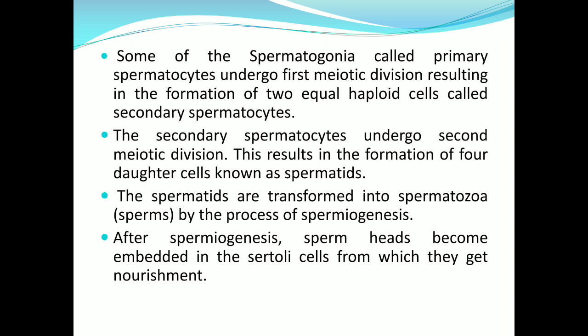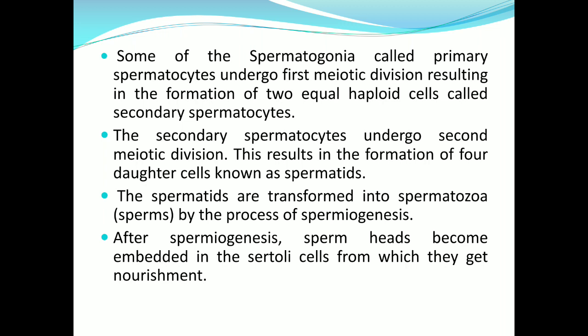Some of the spermatogonia are called primary spermatocytes. These primary spermatocytes undergo first meiotic division, resulting in the formation of two haploid cells called secondary spermatocytes. So it is clear that the primary spermatocyte is diploid, whereas the secondary spermatocyte is haploid.